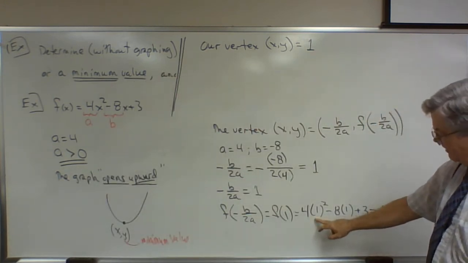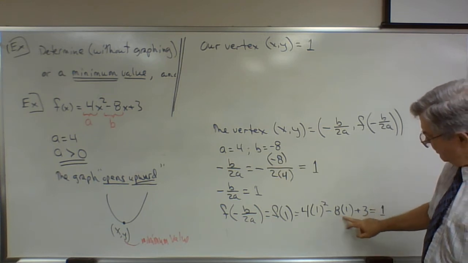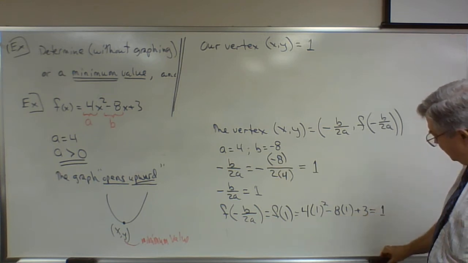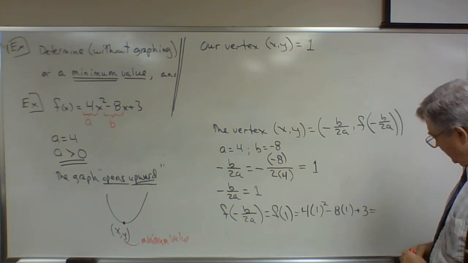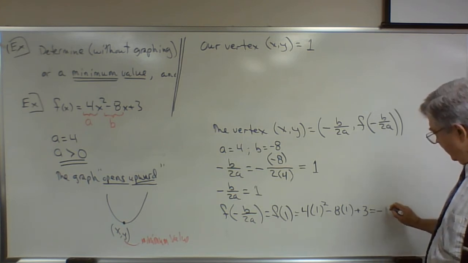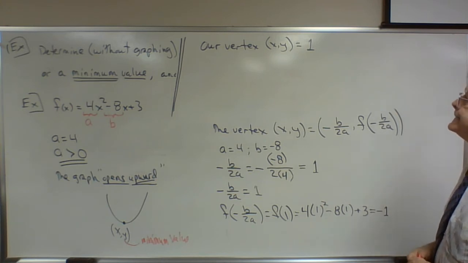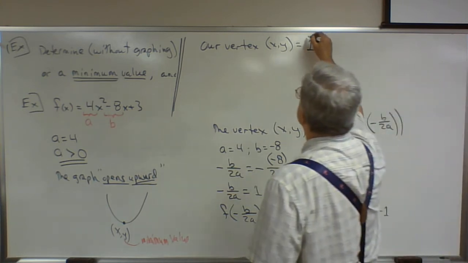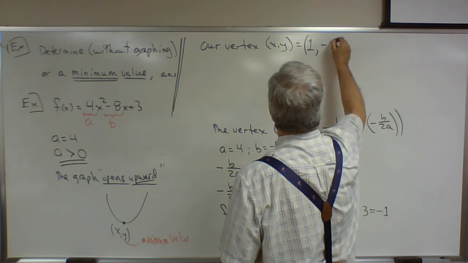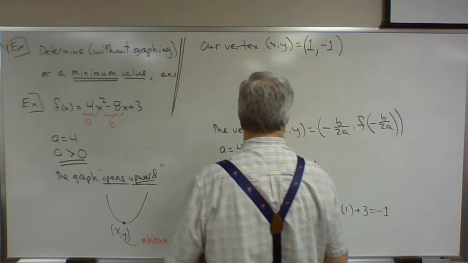Let's do this again. 4 minus 8 is negative 4, plus 3 is negative 1. Okay, much better. Our vertex is x, y equals 1, negative 1.